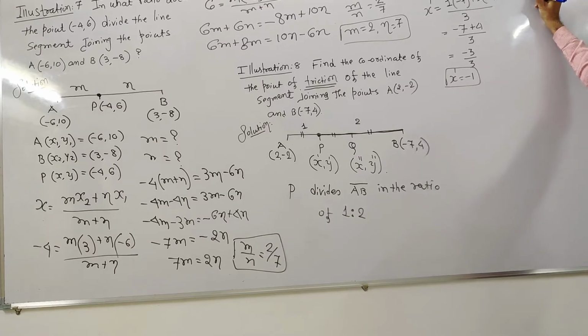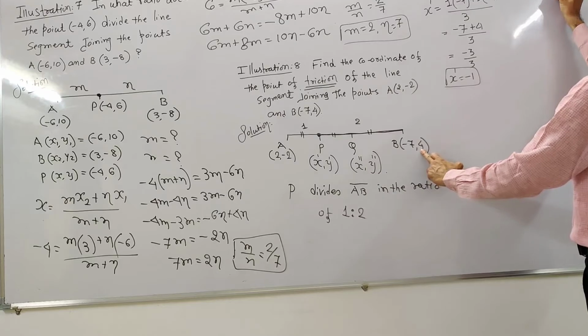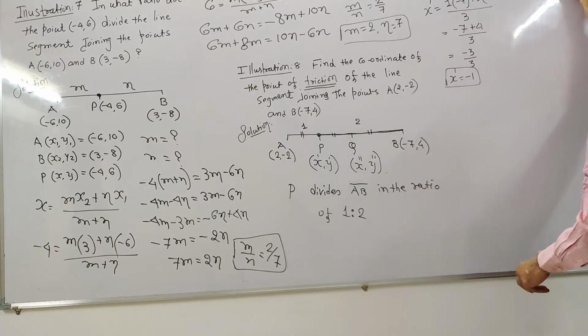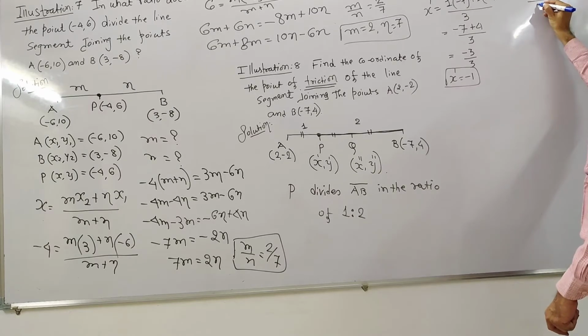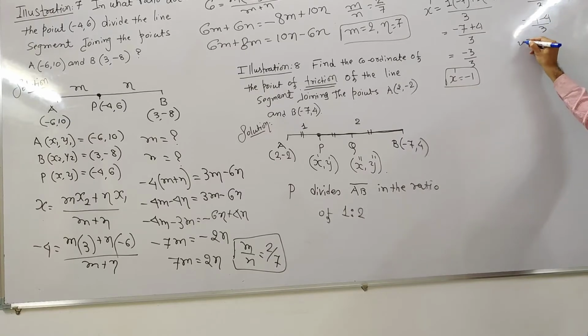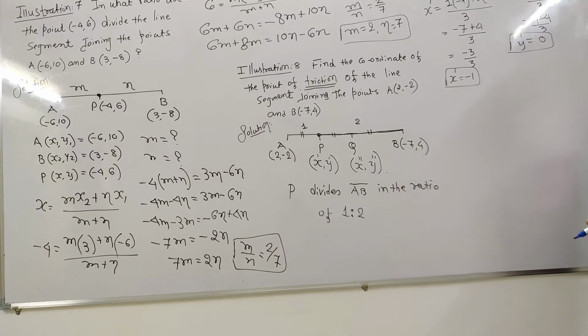So m is 1, y2 is 4, plus n is 2, y1 is -2, upon 1 + 2, which is 3. So (4 - 4) upon 3 is equal to 0. So y' is equal to 0. So the coordinates of P, x', y', are (-1, 0).